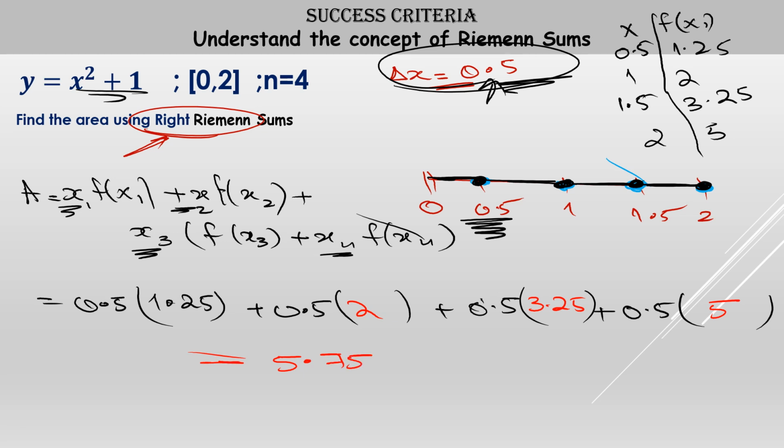Okay, if you want to create the graph, just have a look at creating the graph to understand quickly. My first point on the 0, it was 1, then 1.25, then on the 1 I have the 2, on 1.5 I have the 3.25, and on the 2 I had the 5. So I was just making a rough sketch.